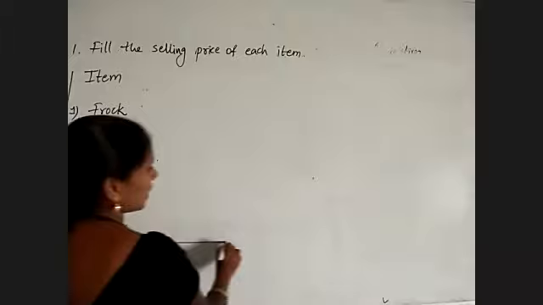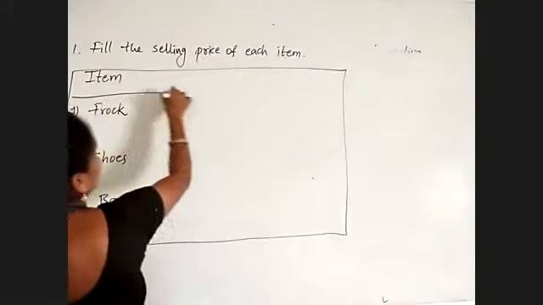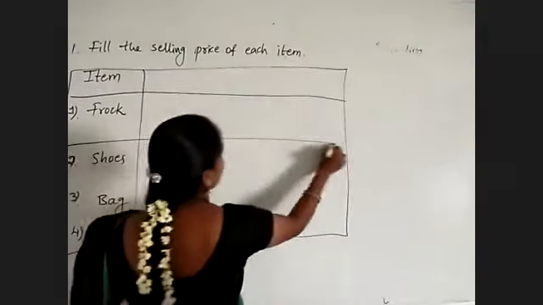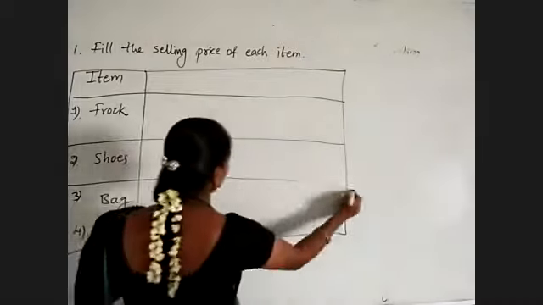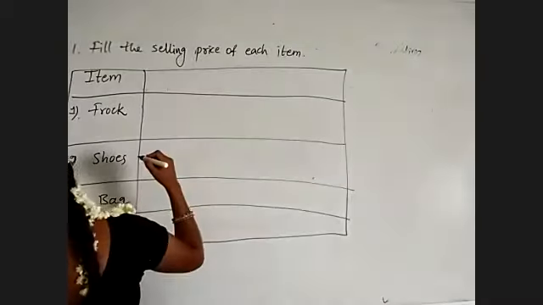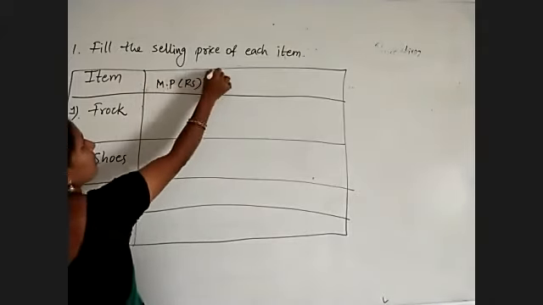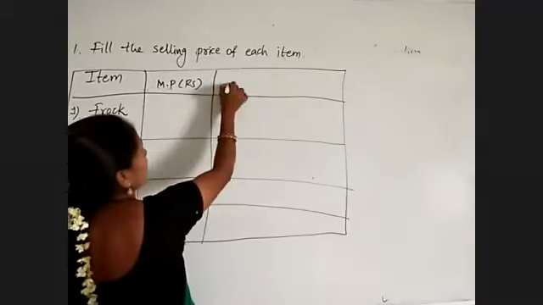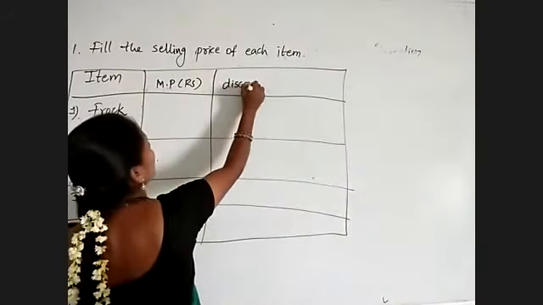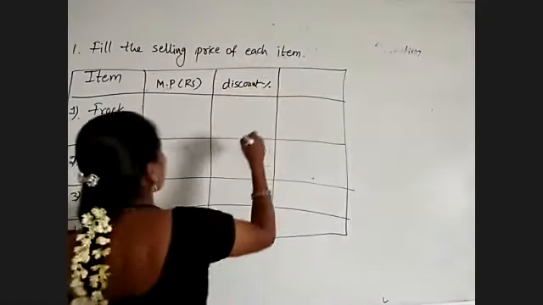I am telling only the first problem, so the remaining you have to do. For the first item, they have given MP as well as discount percentage. MP in rupees and discount percentage in percentage. And we have to find out SP in rupees.